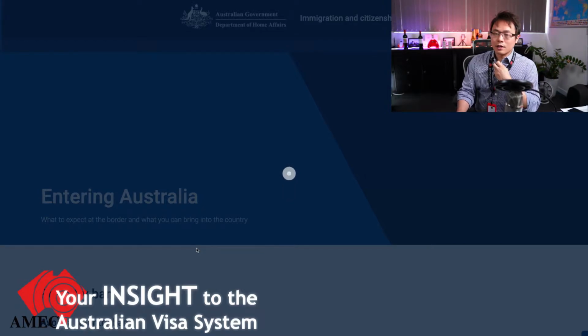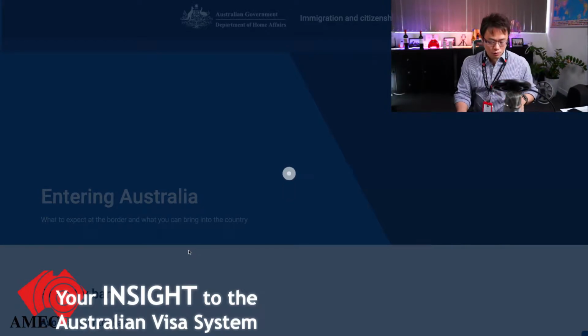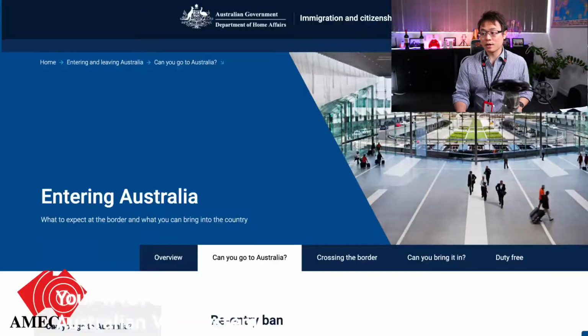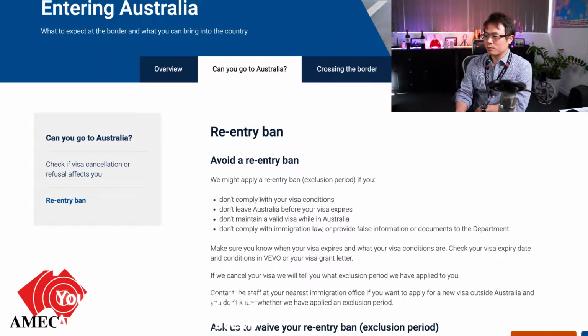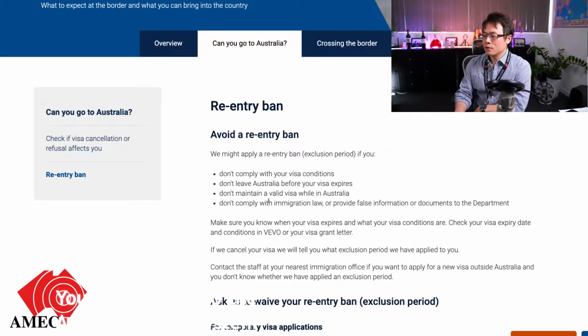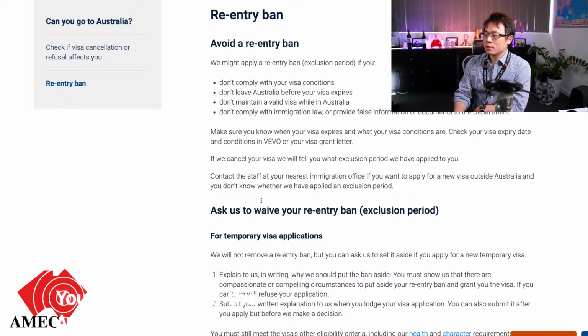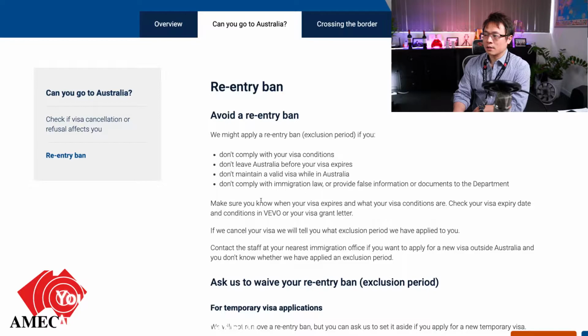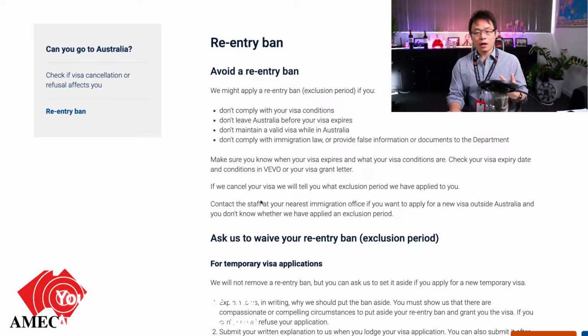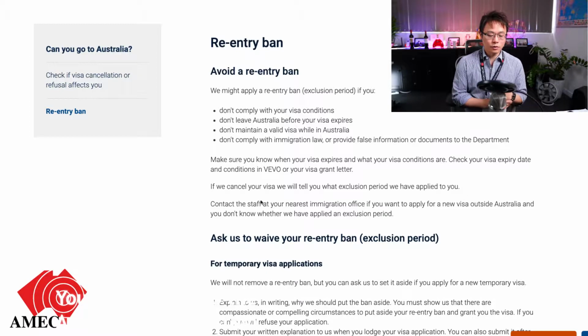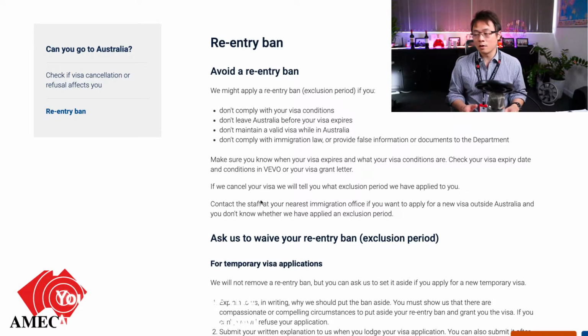But if you get your visa cancelled, normally you will attract this ban, which is generally an exclusion period of about 3 years. The problem with that is that you will be barred from applying to get a grant or approval of the next visa that you're seeking to apply for.